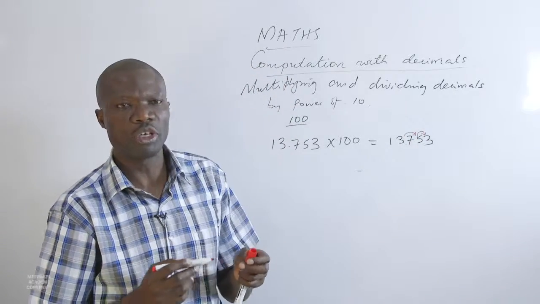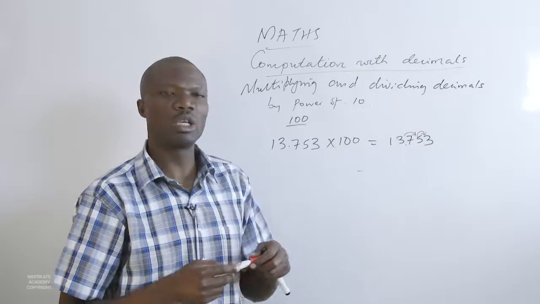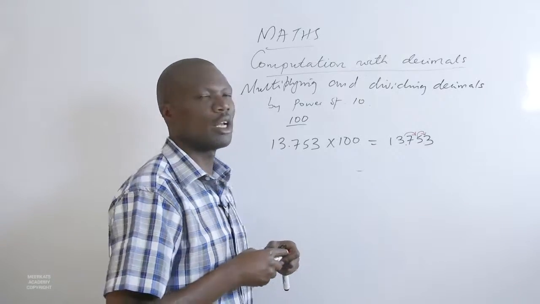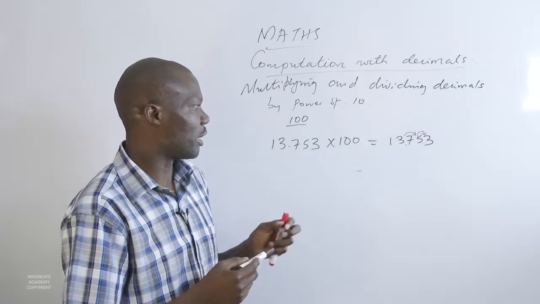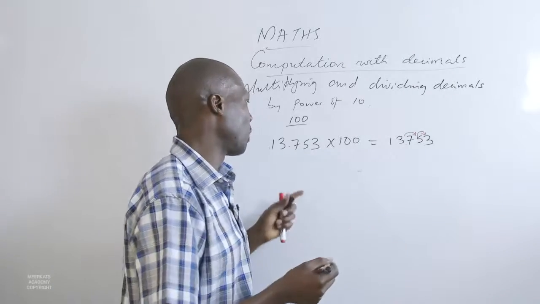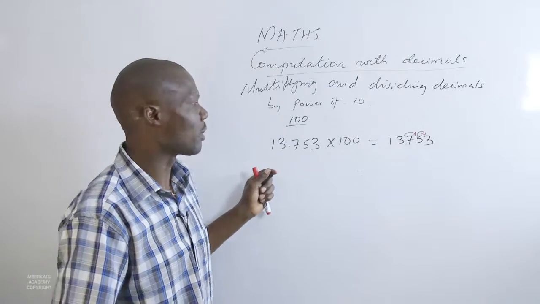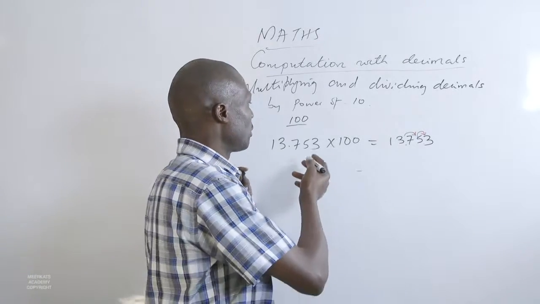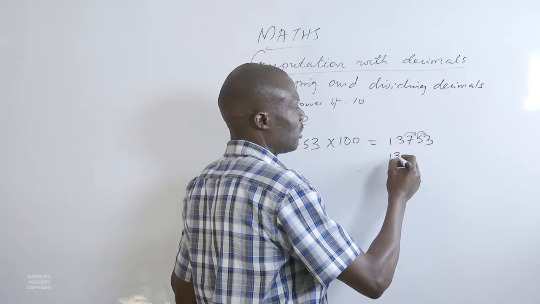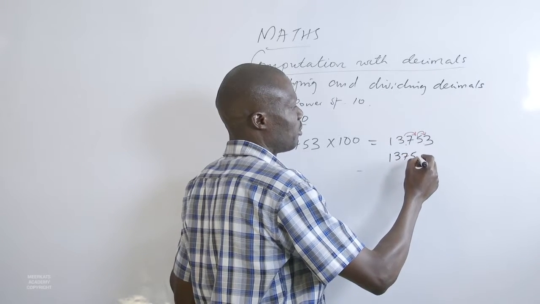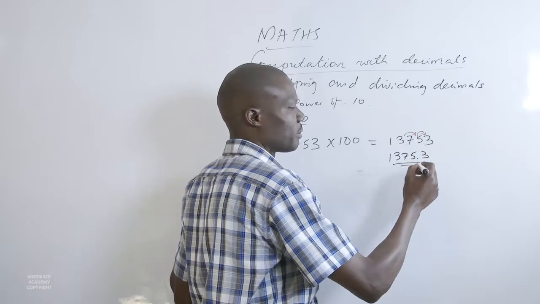So the decimal point will move from being between 3 and 7 to be between 5 and 3. So the product of this question here becomes 1375.3.